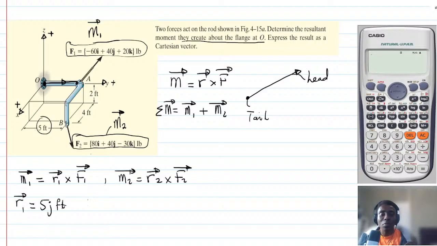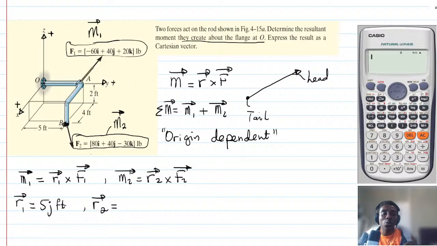And then R2. R2 simply means we should start from the origin. Moment is origin dependent all the time. Please take note of that; it's very important to know this. So let's start from the origin and walk till we get to B. There are several ways to do this.